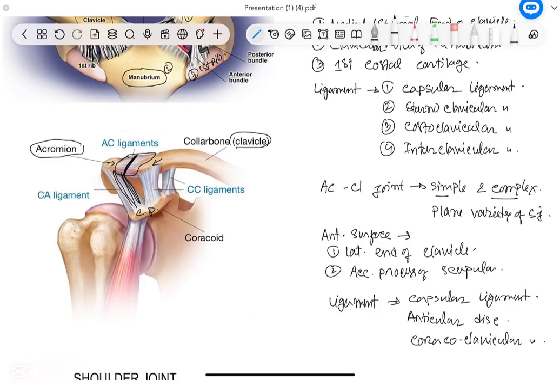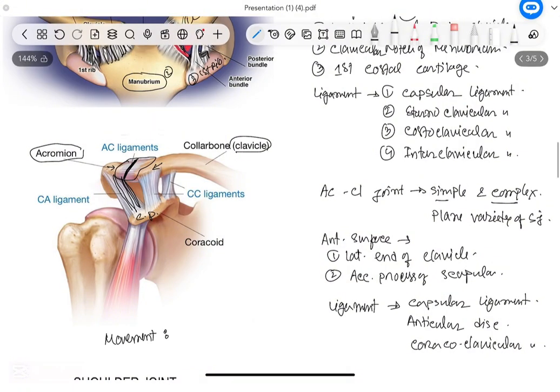Now, in total, if we want to know what movements take place in both joints, it is easy to remember because both have somehow the same type of movement.